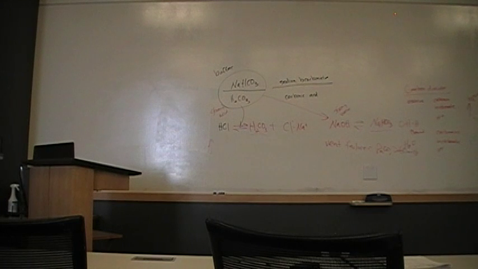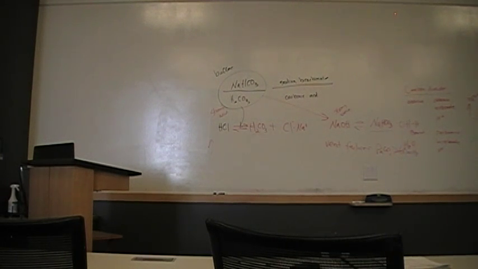So bicarbonate and carbonic acid, that's this one and this one. The relationship of those two things is relative to CO2, but this particular equation is called Henderson-Hasselbalch. This is going to be important for us.